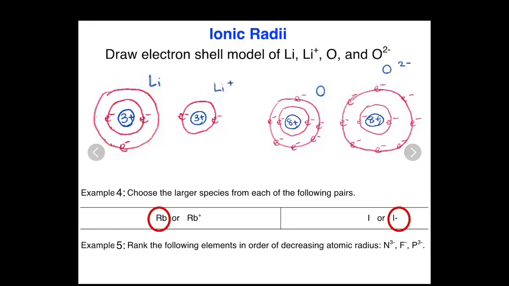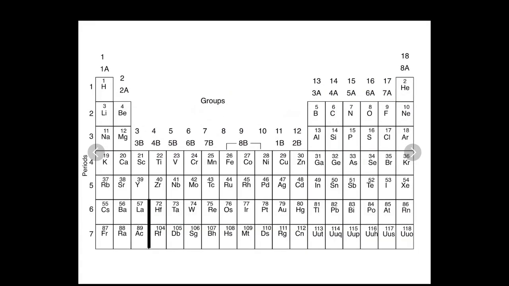Okay. Now, if you are going to rank the anions of nitrogen, fluorine, and phosphorus, you are going to look at this first. So we have phosphorus, I'm going to circle that. We have nitrogen, and we also have fluorine as well.